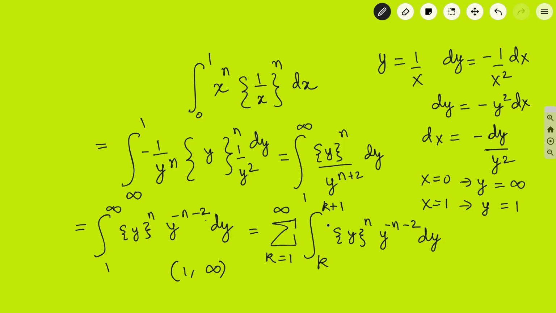I'm breaking this down into small intervals: 1 to 2, and then 2 to 3, and then 3 to 4, and so on. It doesn't matter if it's an open or closed interval.